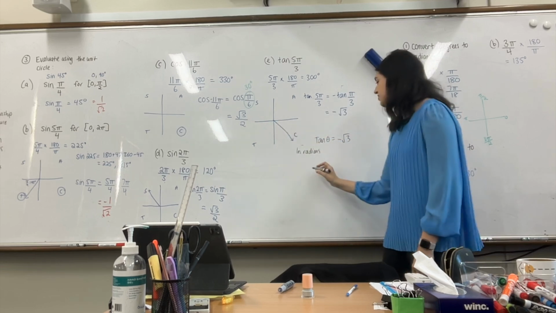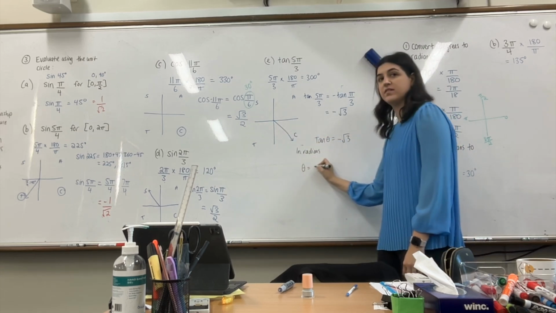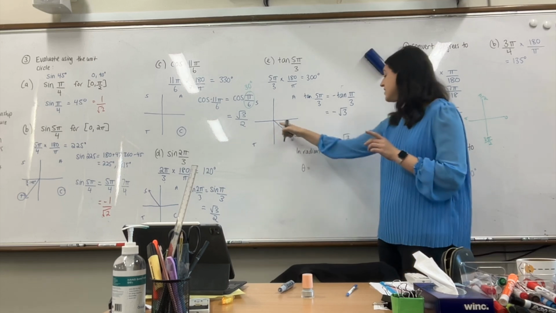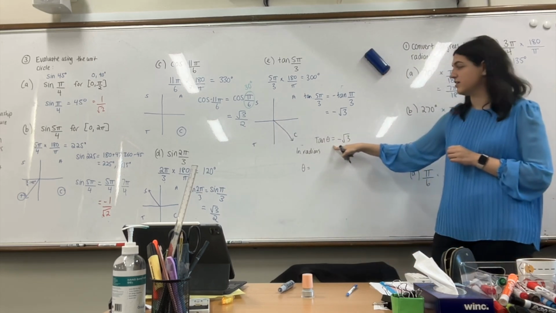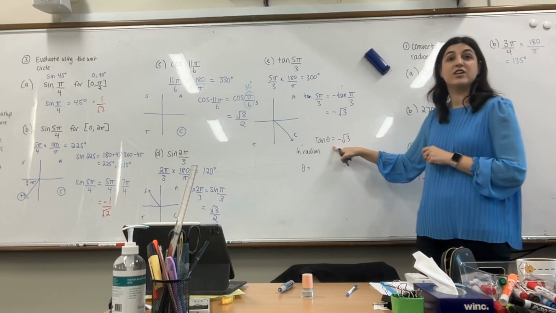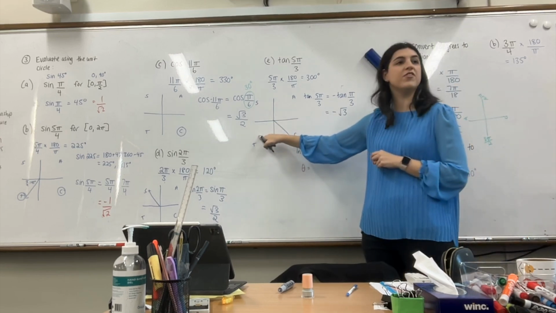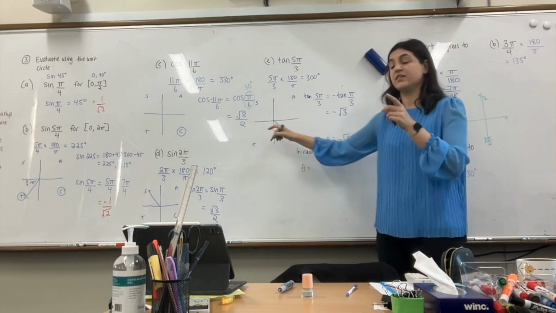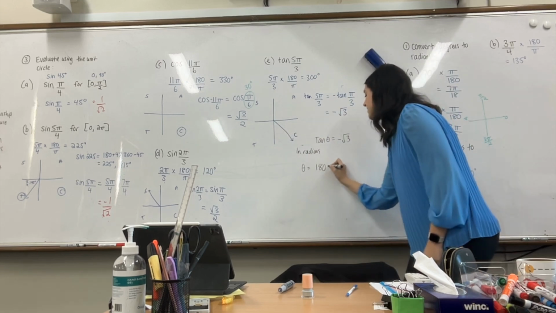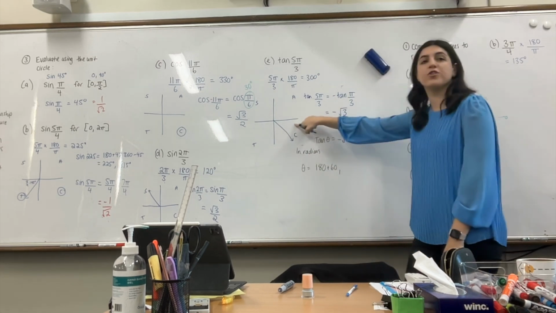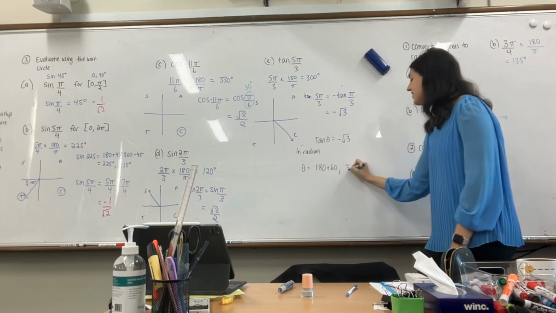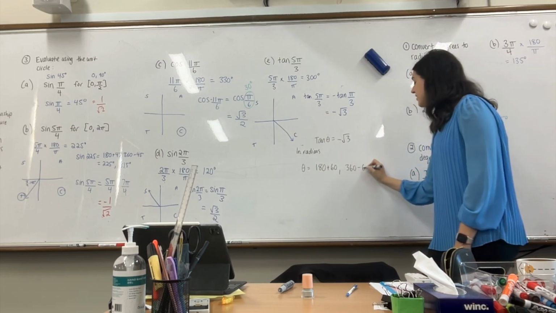What would I normally do? Good. And what's the reference angle for this one here? Good. How would I find the angle in the third quadrant? What would it be? Excellent. Then what would it be in the fourth quadrant? Good.